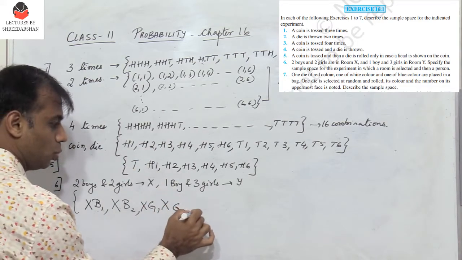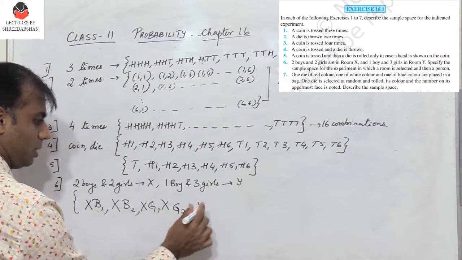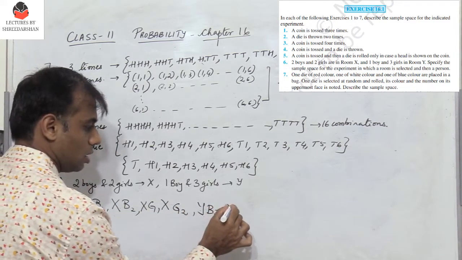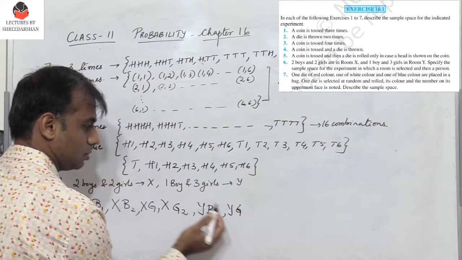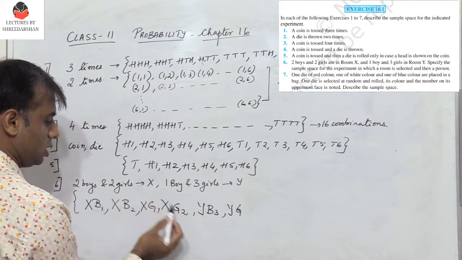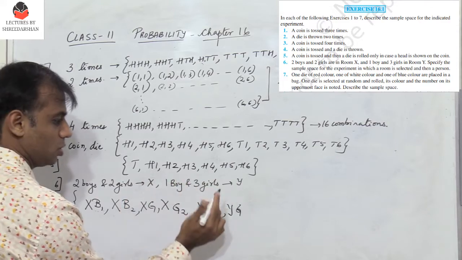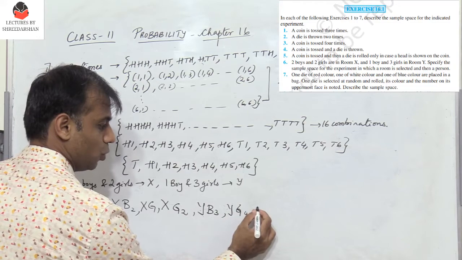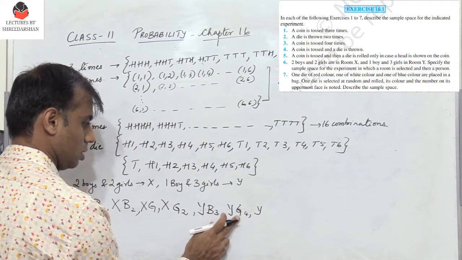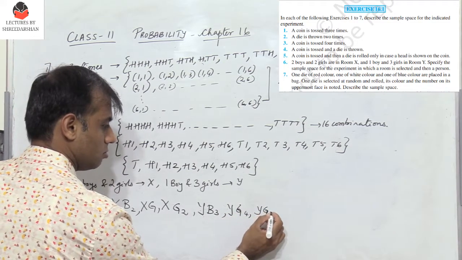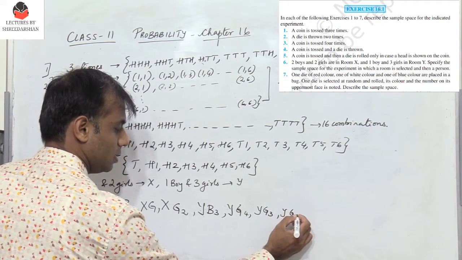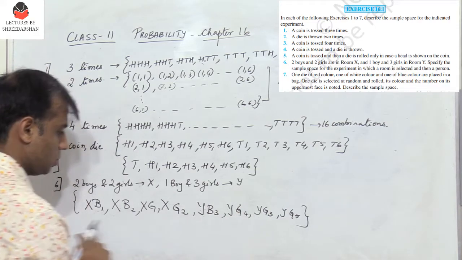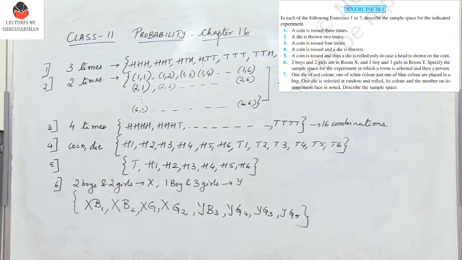Or if I select room Y, I select the boy here, let me call him B3. Next, room Y, you have 3 girls here. G1, G2 are the 2 girls in room X. So here let them be G3, G4, G5: room Y, G3; room Y, G4; room Y, G5. Okay, so this is the sample space.